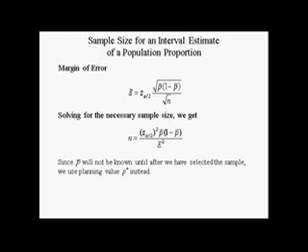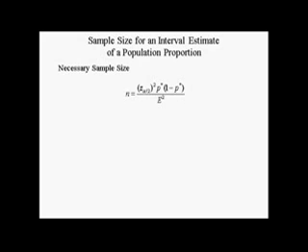Because sample proportion p bar will not be known until after we have selected the sample, we use a planning value of p star instead. The necessary sample size is thus n equal to z squared times p star times 1 minus p star divided by the square of the desired margin of error. If this value is not an integer, round it up to the next higher integer.